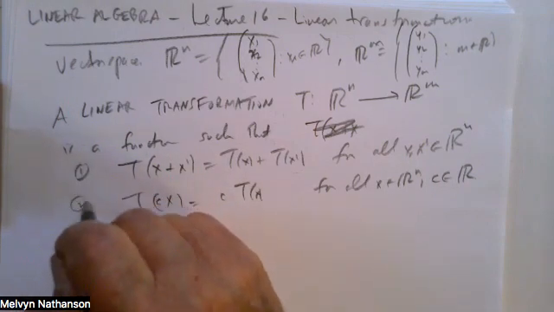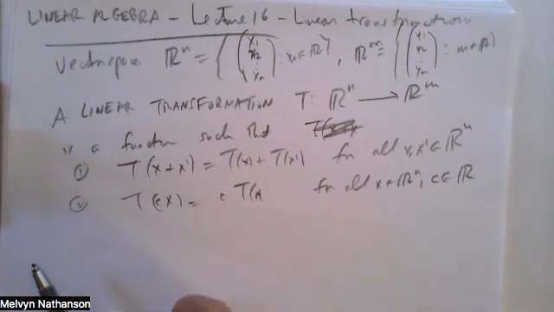So a linear transformation is a function that satisfies these two properties.